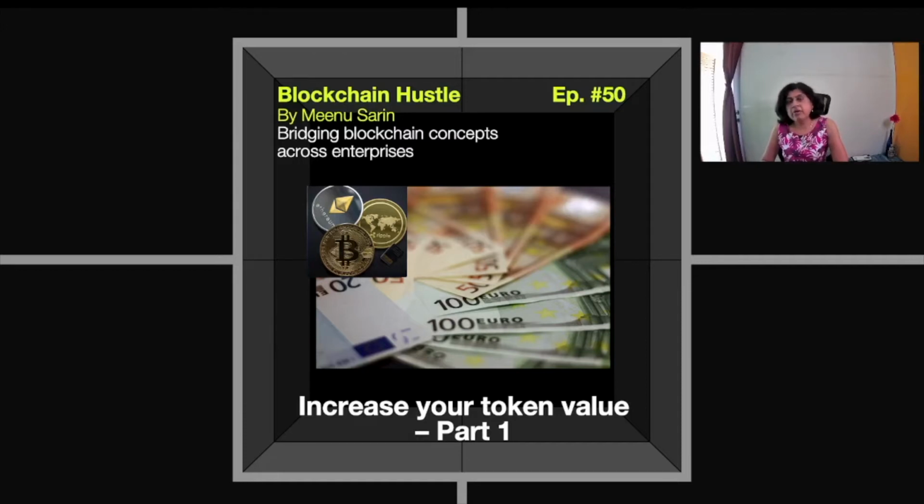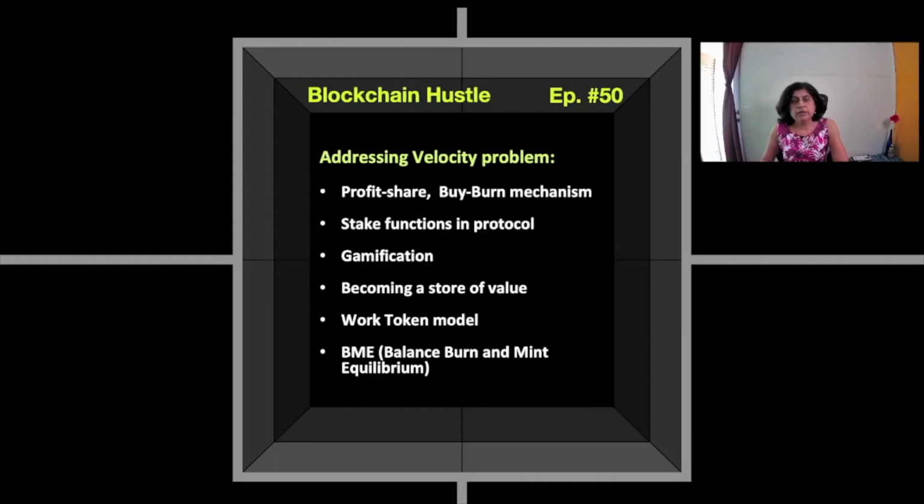Well, there are a few ways that a protocol can be designed to reduce the velocity of its token. So for example, for addressing the velocity problem, we could use something called a work token model, or we could use BME, which is a balance, burn, and mint equilibrium.